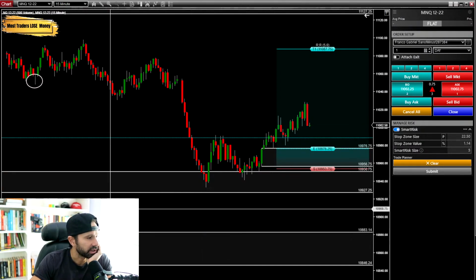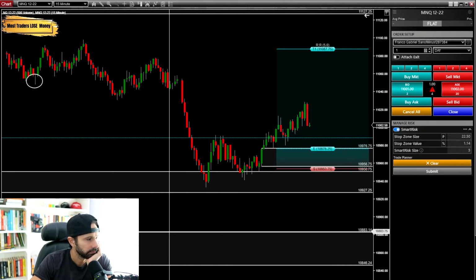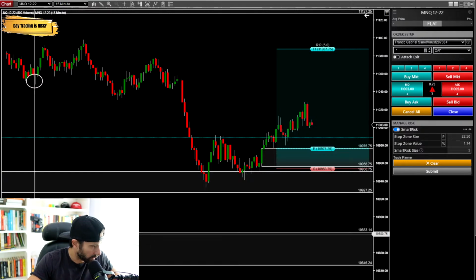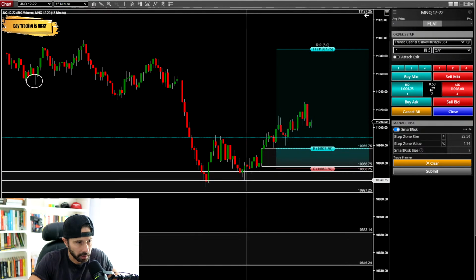All right, so the tick chart is not there. Tick chart hasn't broken to the upside. So this low was created. We're at 111.3.